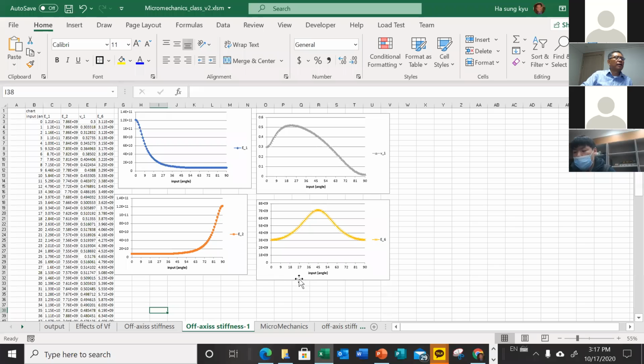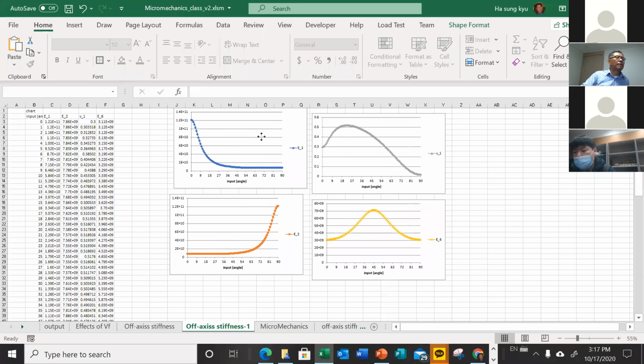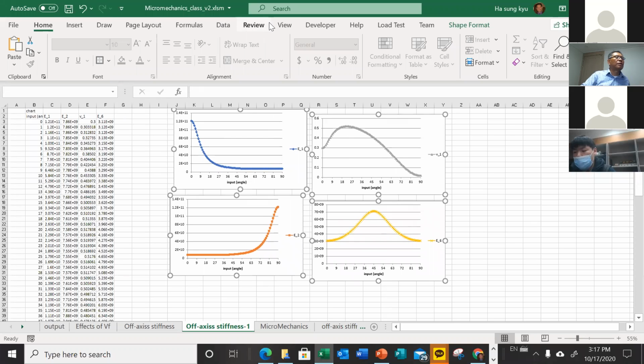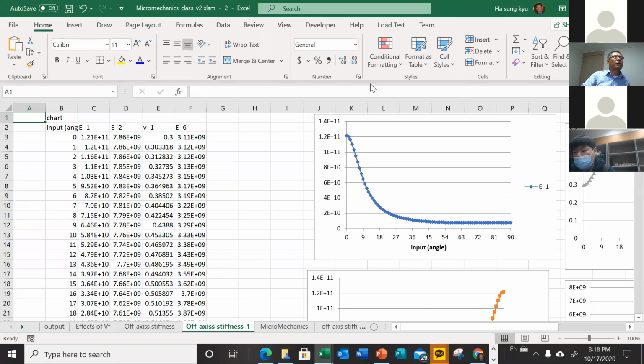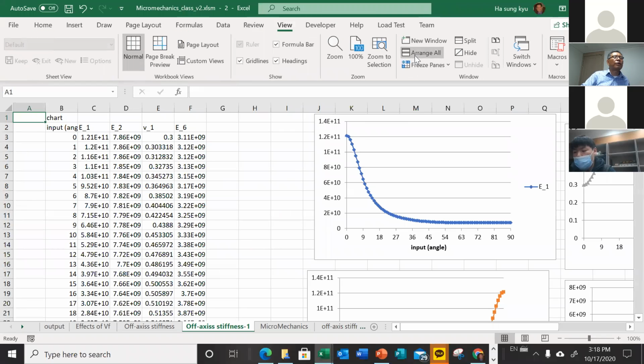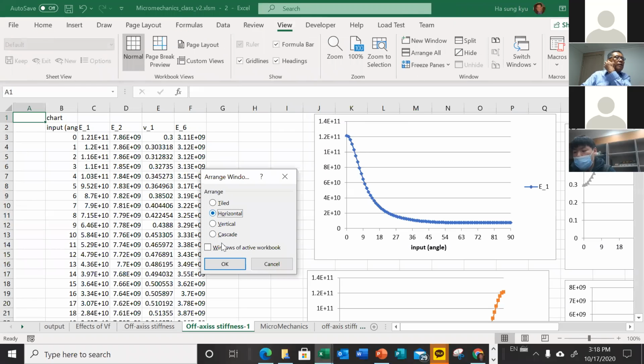And again, value wise, I will make a new window, and view and arrange it tiled, horizontal or vertical.